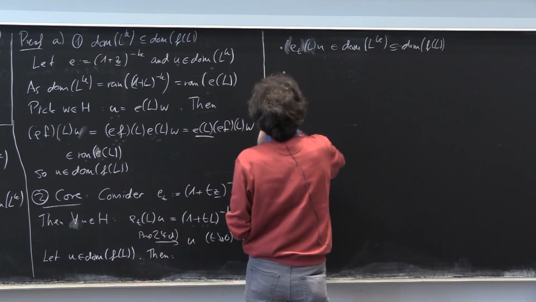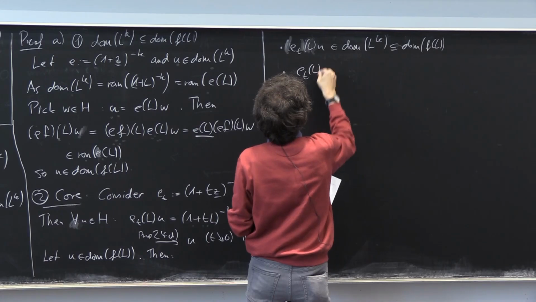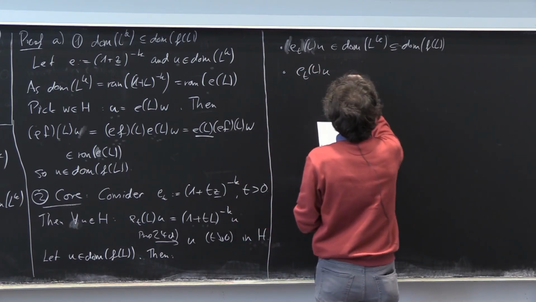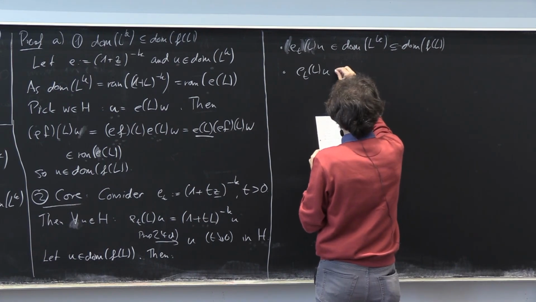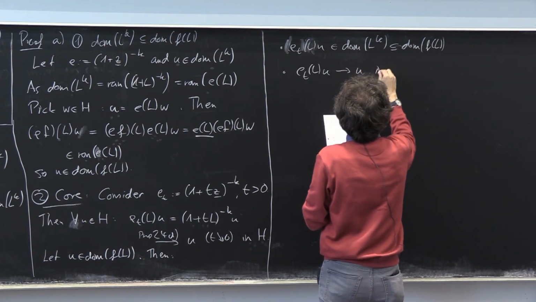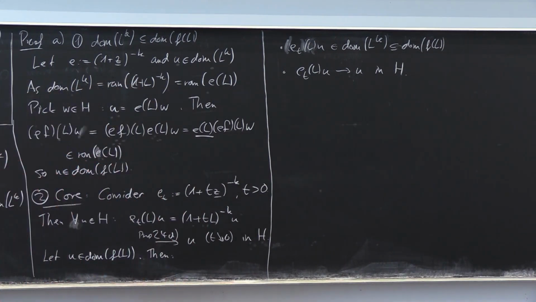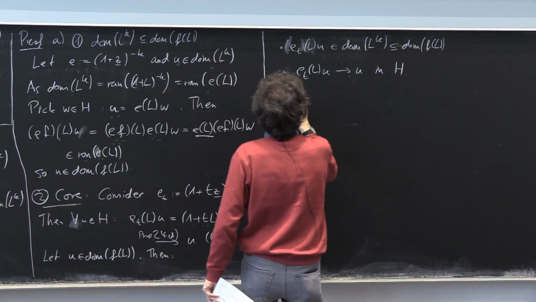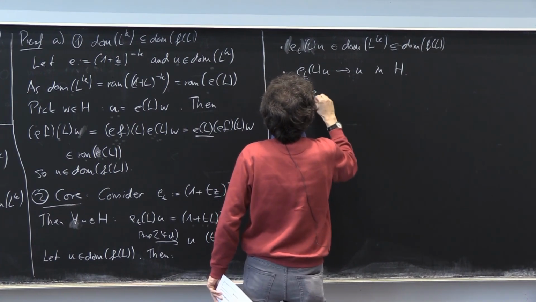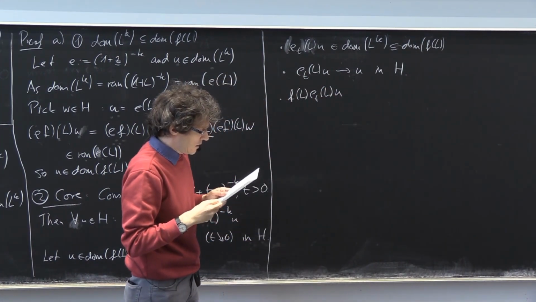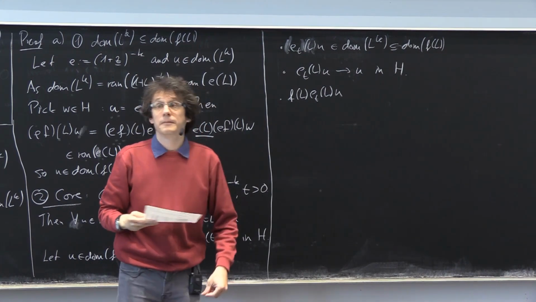We have already seen here that for every u in H, so in particular for every u in the domain of L to the k, this converges to u in H. But this does not suffice. We need convergence in the graph norm. So we also have to prove that f of L applied to E_t of L u has to converge to f of L u.